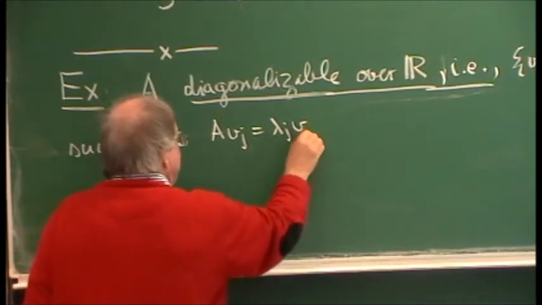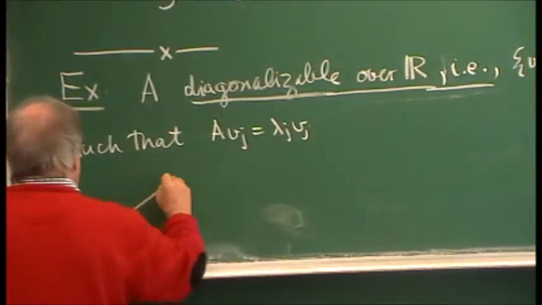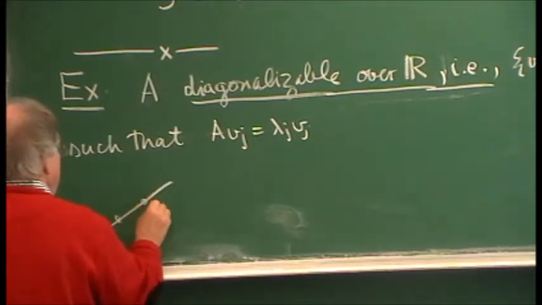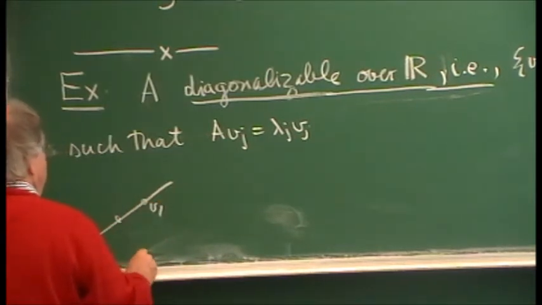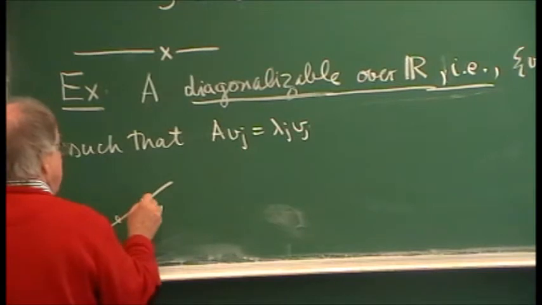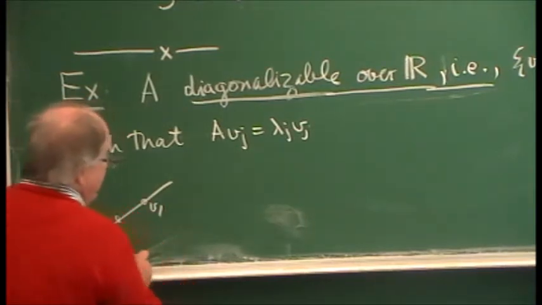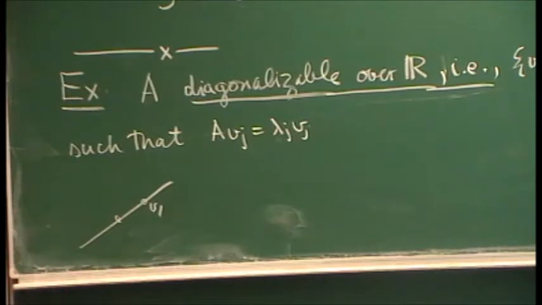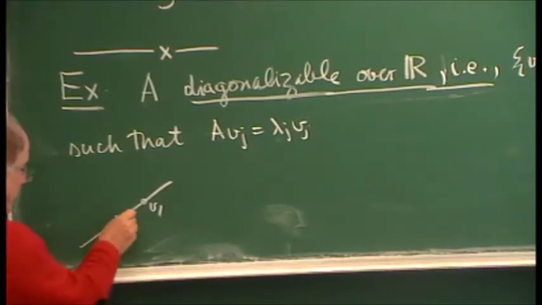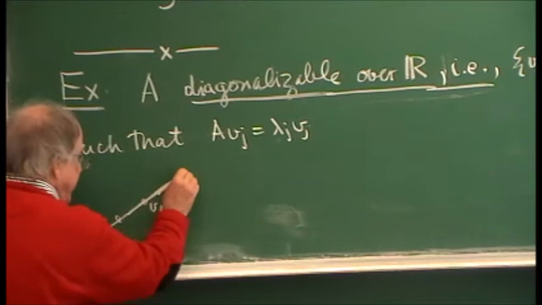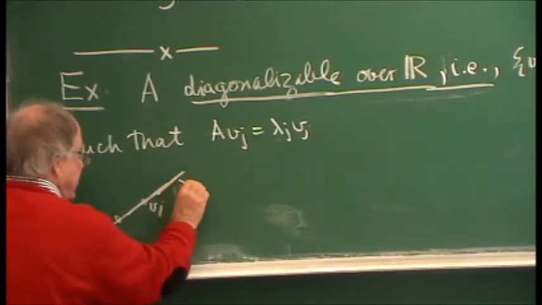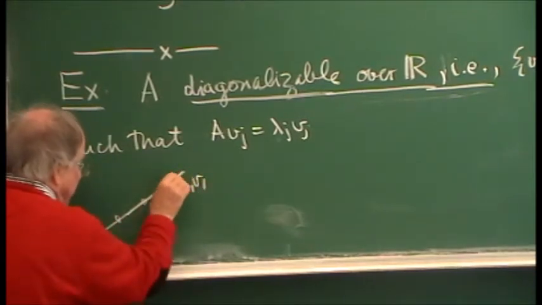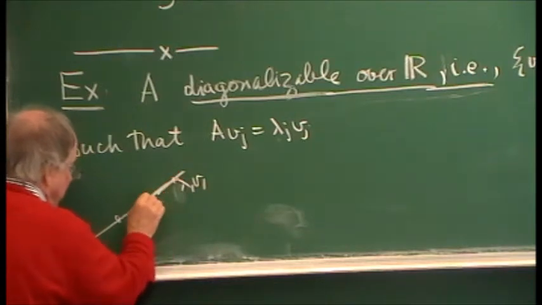The real line, you have an eigenvector v, say v1, and the action on this line is a multiplicative action by this eigenvalue lambda. So you're multiplying v1, say lambda is positive, it goes to lambda 1 times v1. It acts along this line, moving this point to this point.